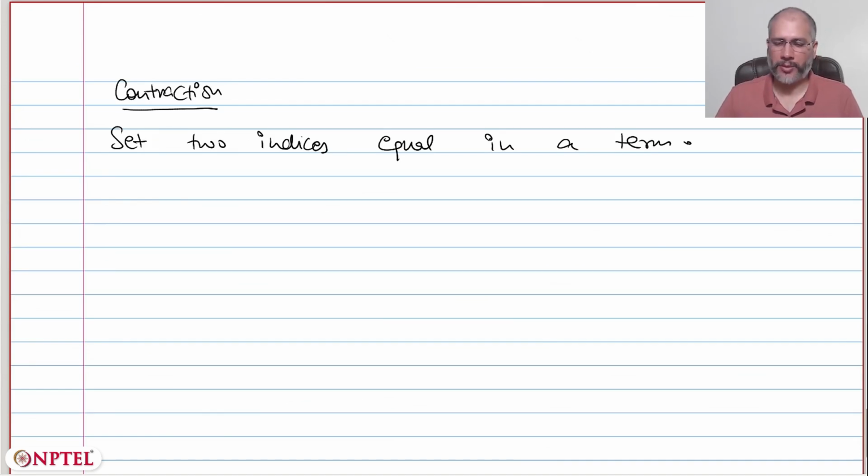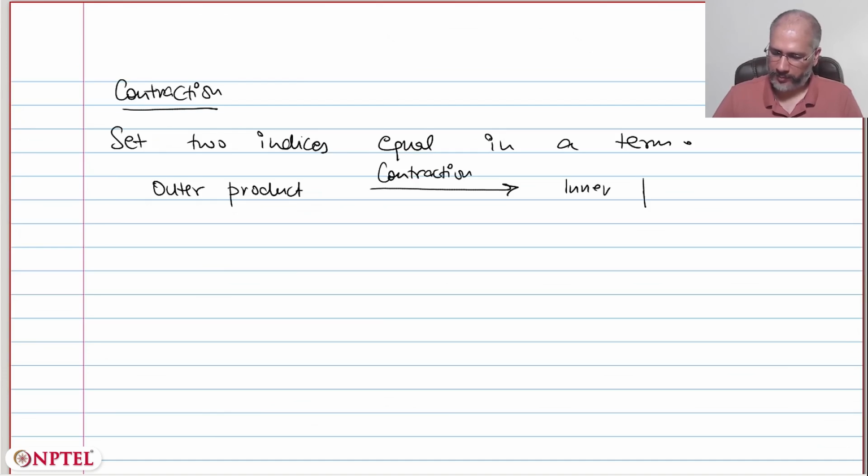I'll show you through many examples, but before that I would like to let you know that contraction is performed to move from an outer product to an inner product. So I'll write that down and then we'll see that through examples. Whenever you perform a contraction on an outer product, you actually get an inner product. So there is a relationship between outer and inner, and that is established through the contraction operation.